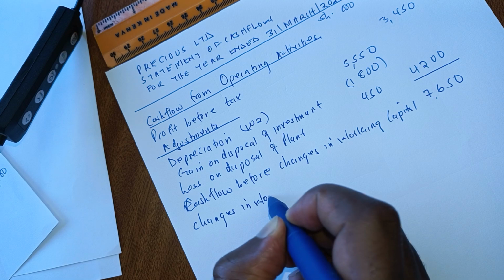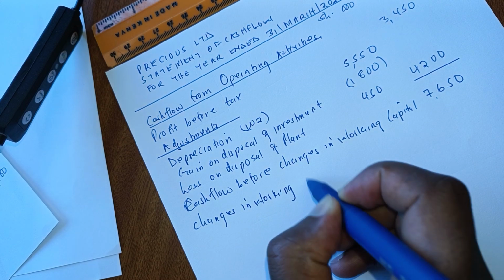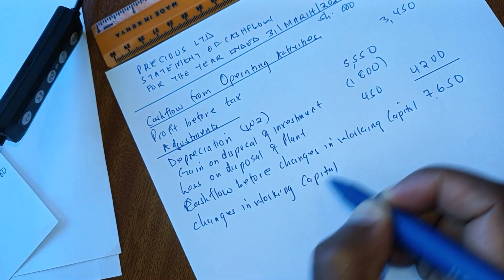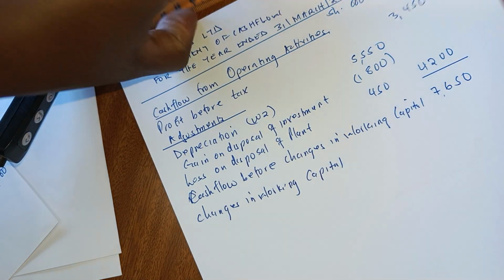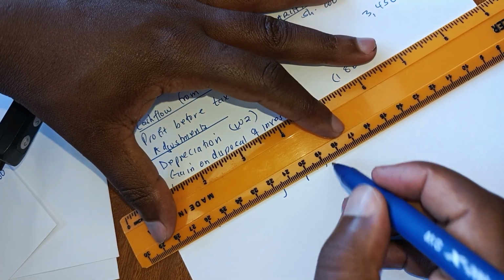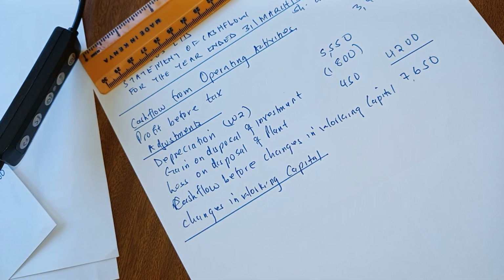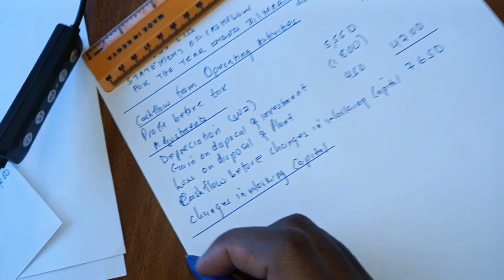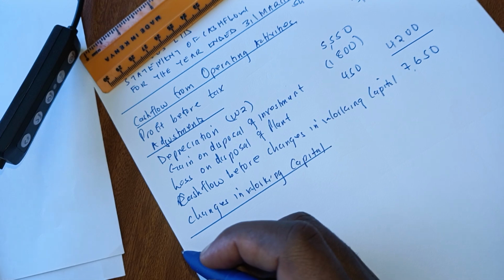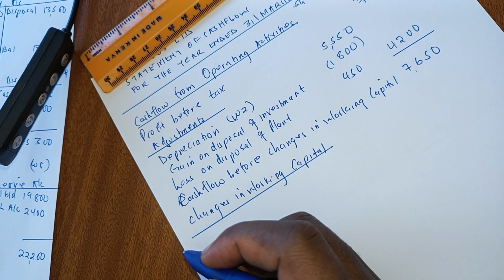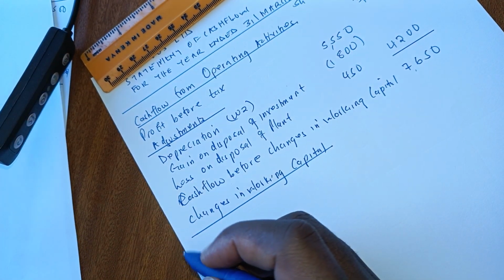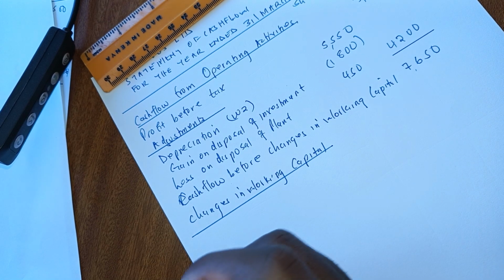Then let's look at changes in working capital. So from there we can look at increase in these working capital items. We can start with current assets. I can start with increase in inventory. Inventory increased.